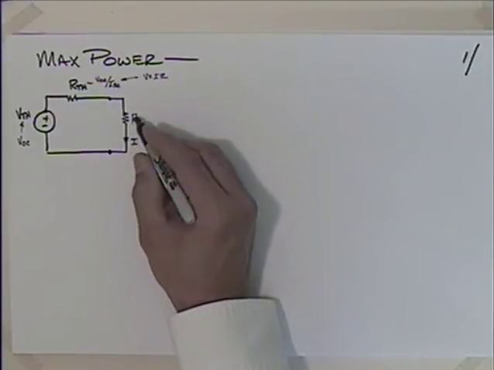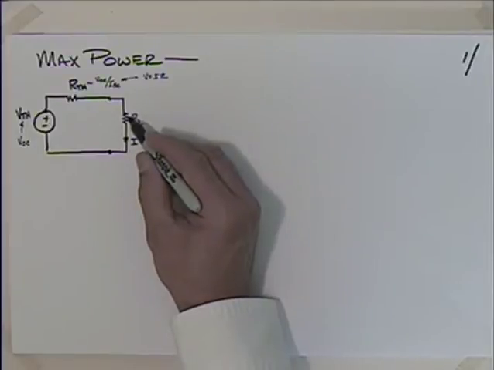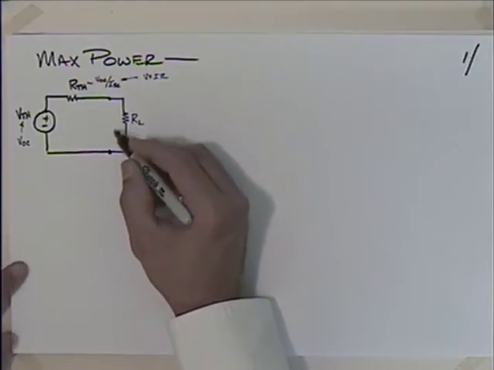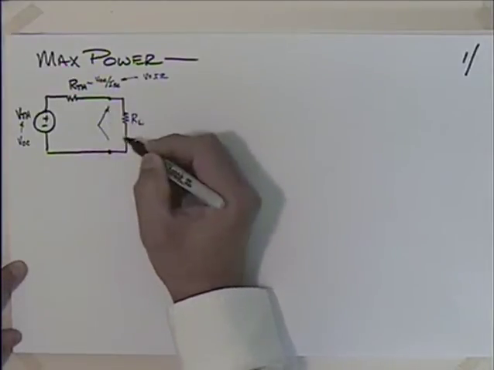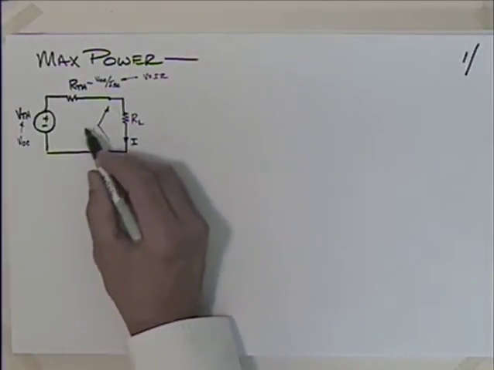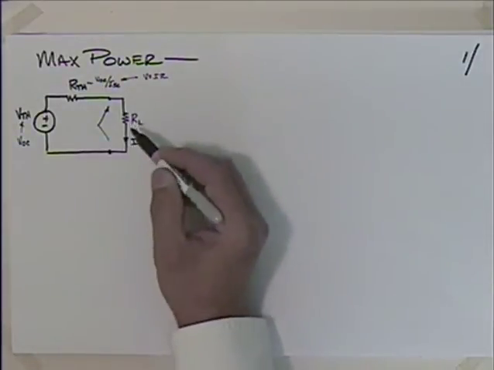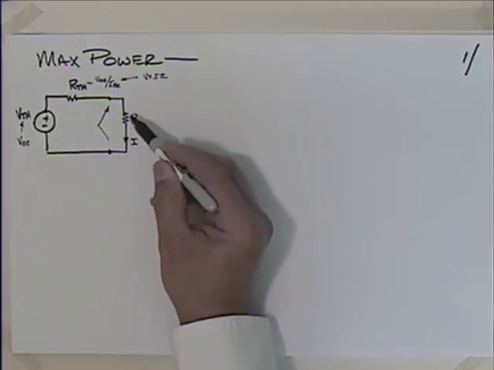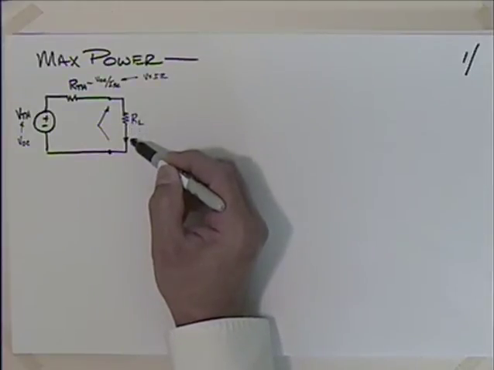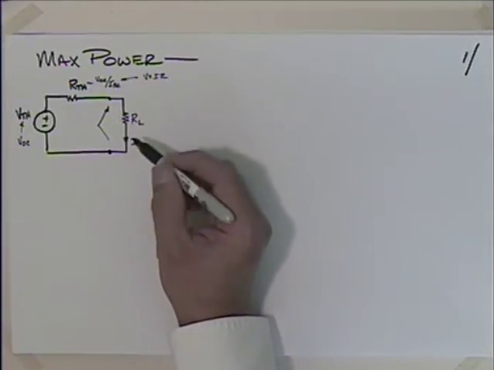Although if the resistance is too small, then the voltage across here will be too small. I won't put a label in there, I don't want to confuse that. But that's what we're up against. This resistor has to be just right. If it's too small, one of the values is off. If it's too large, another one of the values is off.